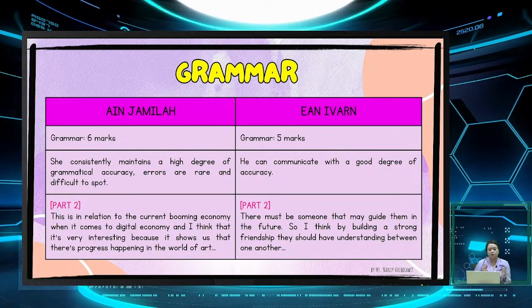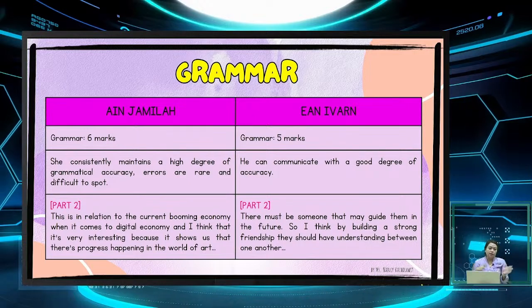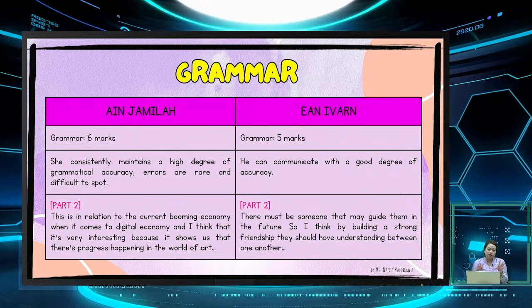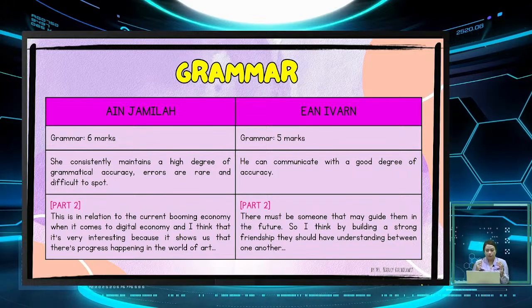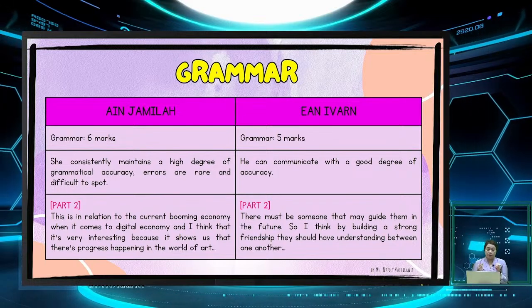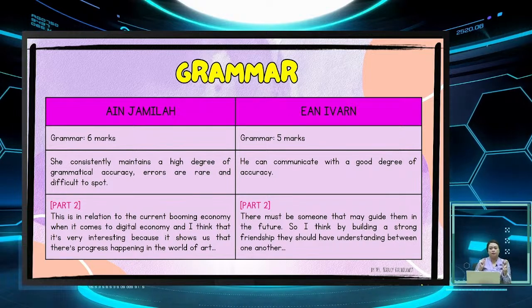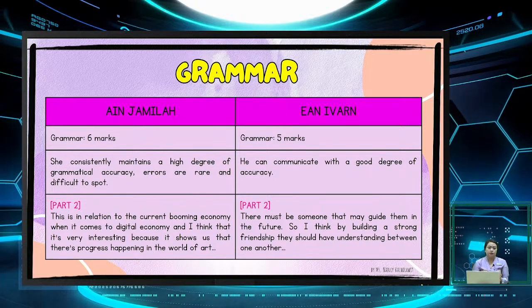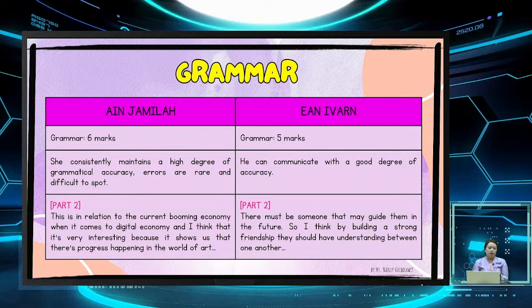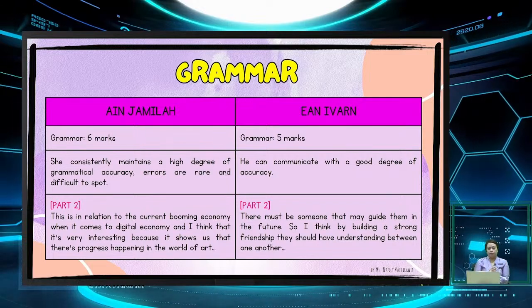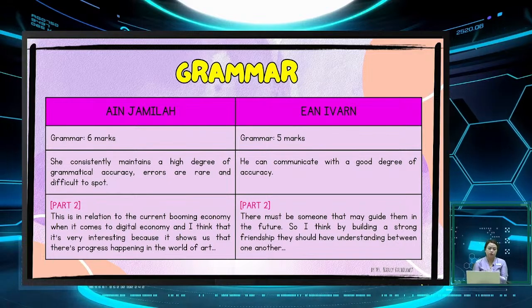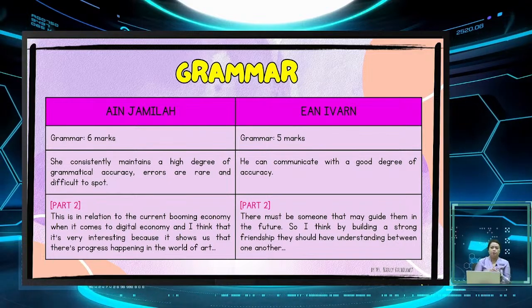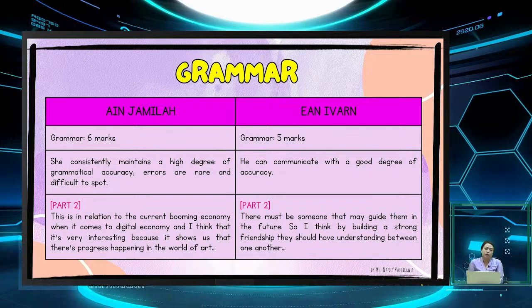So in terms of grammar, when you listen to Ain, she consistently maintains a high degree of grammatical accuracy. You don't actually hear any errors because she speaks at a very moderate pace. She doesn't speak too fast or too slow, and she pronounces each word accurately.